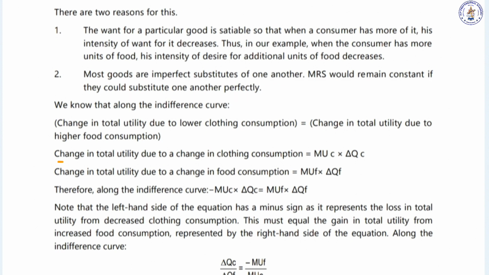The change in total utility due to a change in clothing consumption can be explained as the marginal utility of clothing times the change in the quantity of clothing. The change in total utility due to a change in food consumption is the marginal utility of food times the change in the quantity of food.